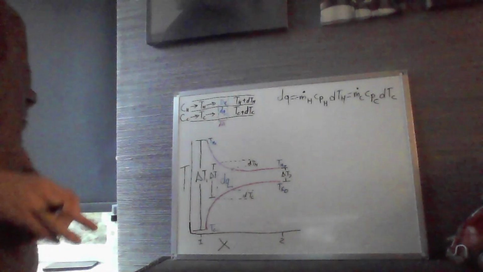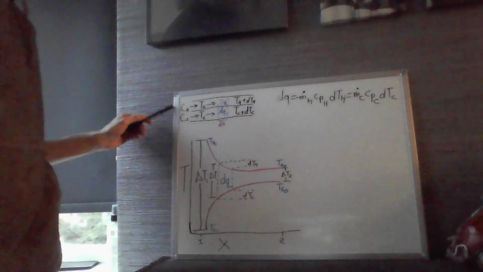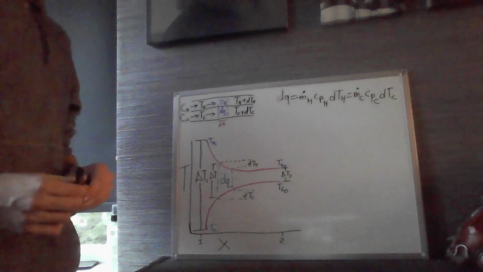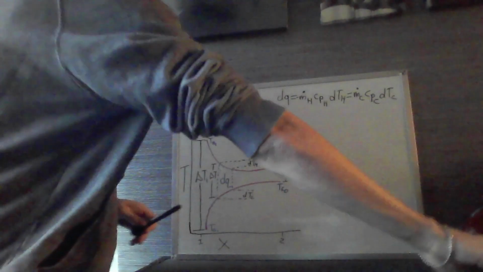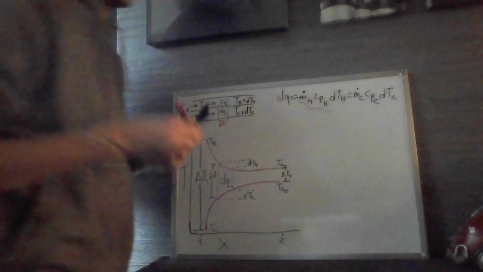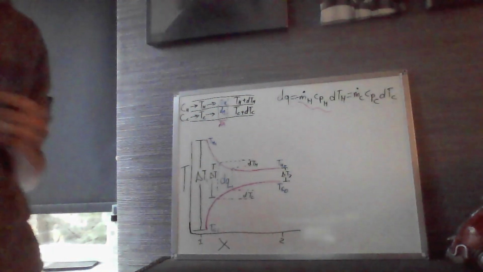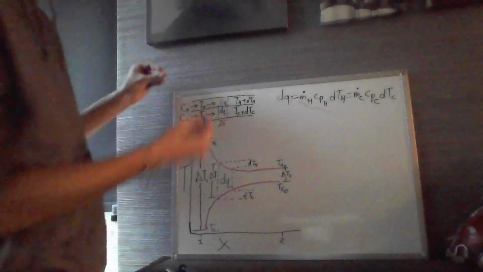Very simple and easy. And this is where the heat capacity rate comes in, as it is simply the multiplication of these two: the mass flow rate multiplied by the specific heat capacity gives us that.